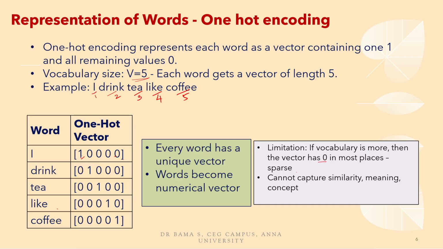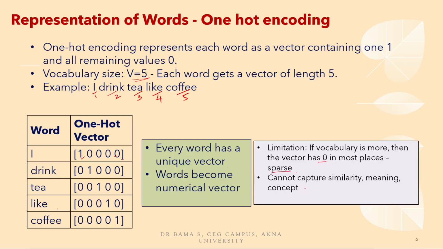Each word is representing 1 and the remaining all 0. Consider a million-sized vector where at one position it is 1 and the remaining 0. Then it is sparse, and when it is sparse, there is a computational difficulty. Also, one-hot encoding cannot capture the similarity or meaning of the words.